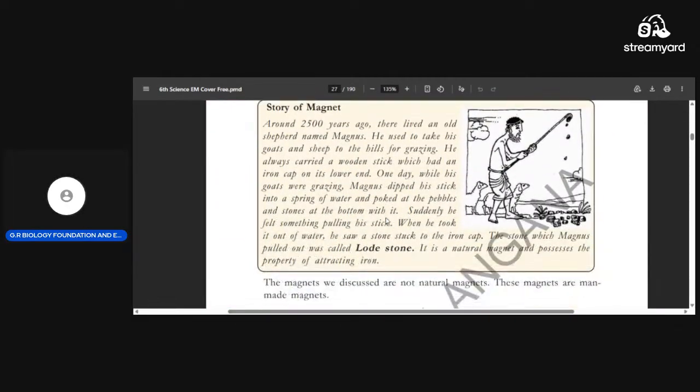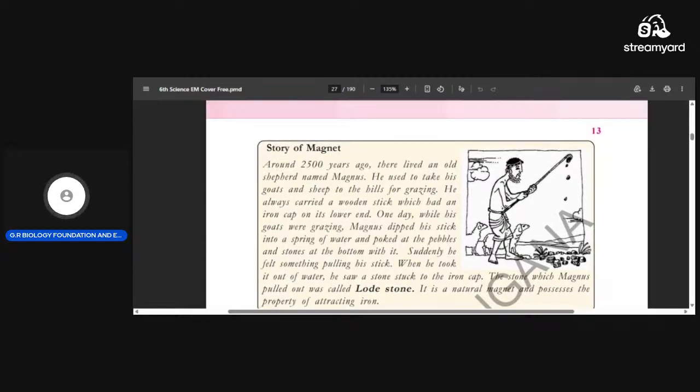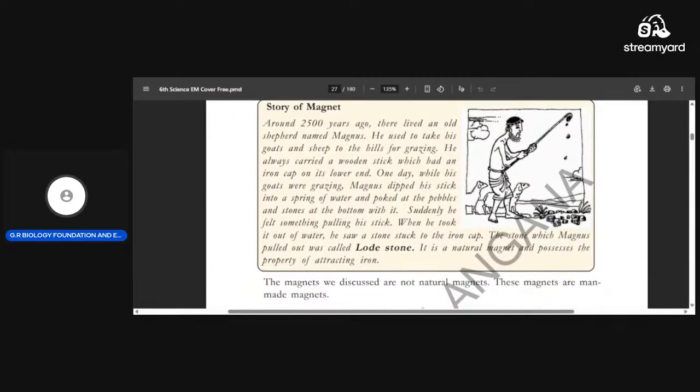Coming to that, Magnus. About Magnus, we discussed. He was a good shepherd. Around 2,500 years ago, there lived an old shepherd named Magnus.